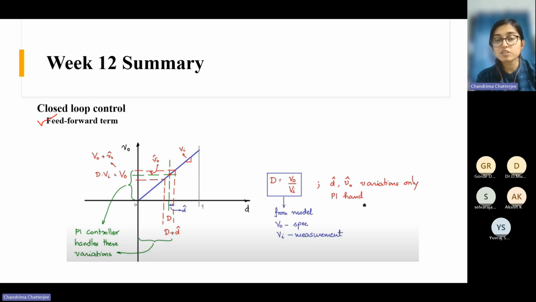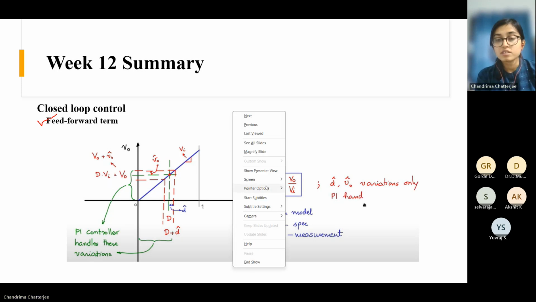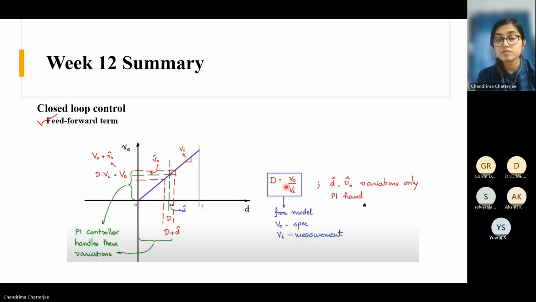Now suppose this is your operating point. You were operating at this, and due to some disturbance, there is a variation around this steady state operating point like this, right?